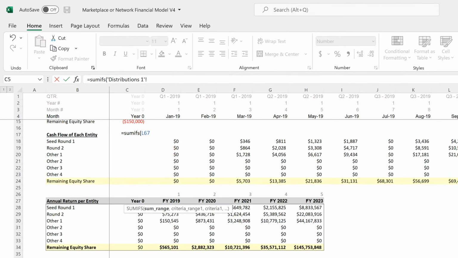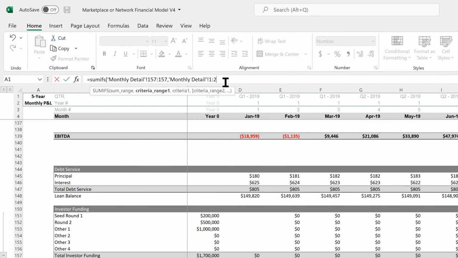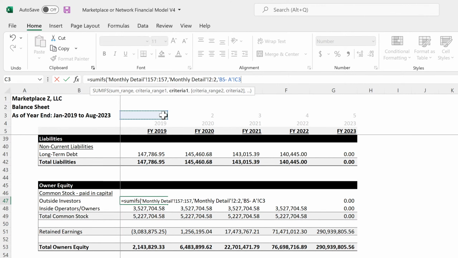Do I have, I guess I could go on the monthly. And I just want to pull, let's see, this is outside investors. Just pull this if the year matches my year on the balance sheet.